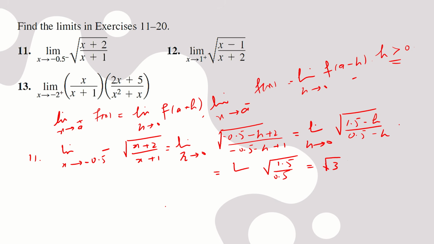Well, in question number 12, they are asking about right hand limit. So limit x goes to 1 from right side, under root x minus 1 divided by x plus 2.